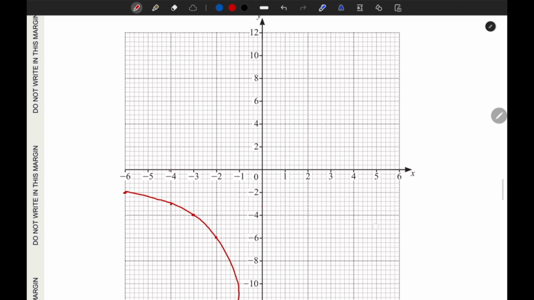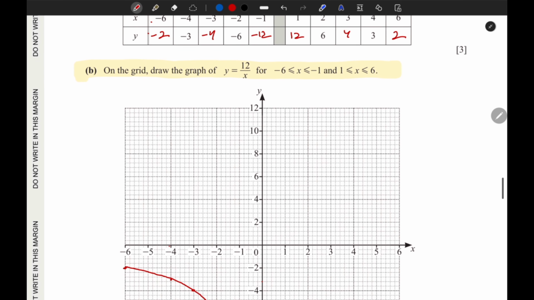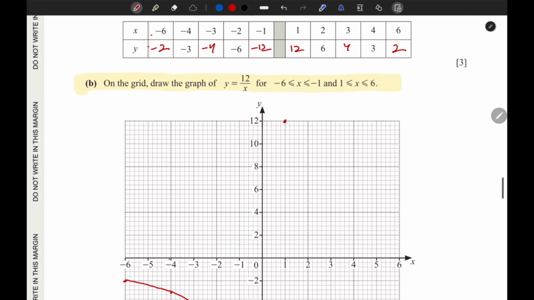Now for the next points, we have 1, 12, which will be the point over here. 2, 6 will be here. 3, 4 will be here. 4, 3 is in between, over here.